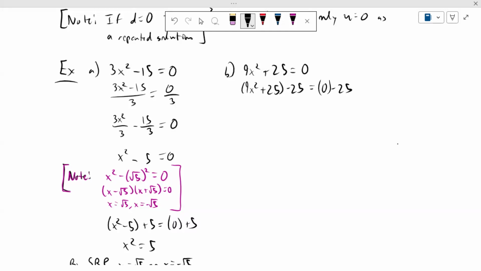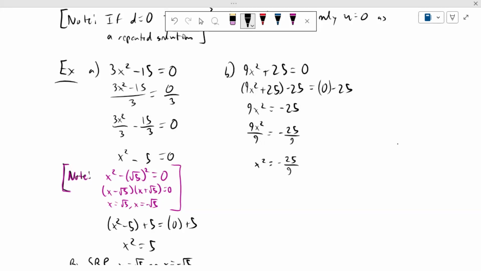Then we get 9x squared is equal to negative 25. Now I'll divide both sides by 9, so we get x squared is equal to negative 25 over 9.